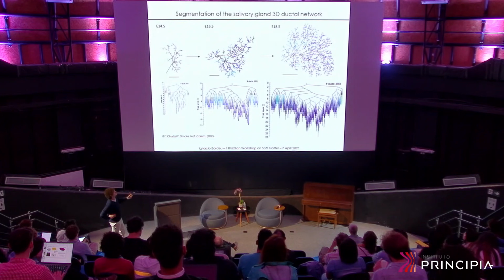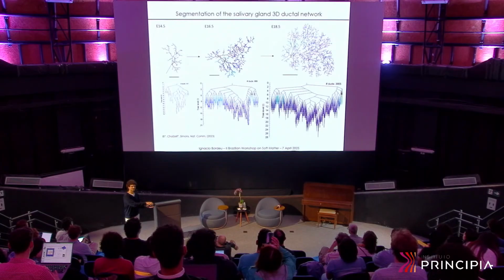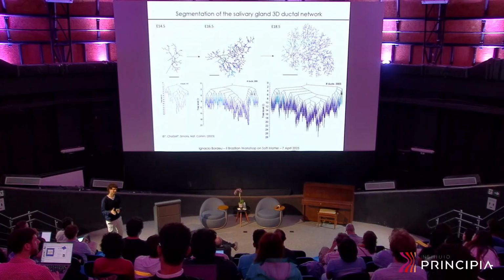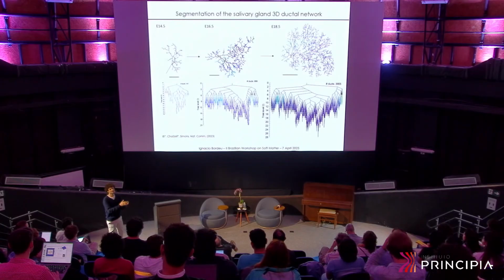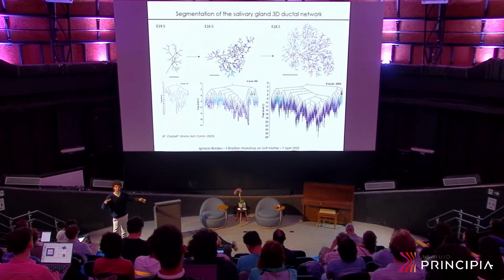These are not the same glands, so we cannot trace them for that long in vivo. We can take the tissue out and analyze it ex vivo, so we have to take the salivary gland out of the mouse and then image it. So these are different samples. But you can see how it goes from just 100 ducts to almost 4,000 ducts. So it really expands overall.